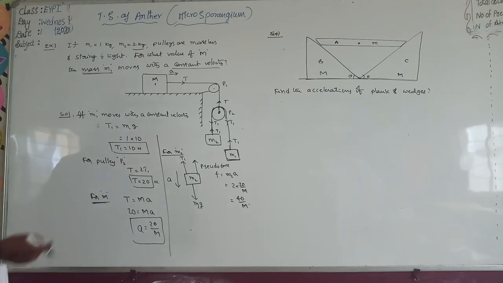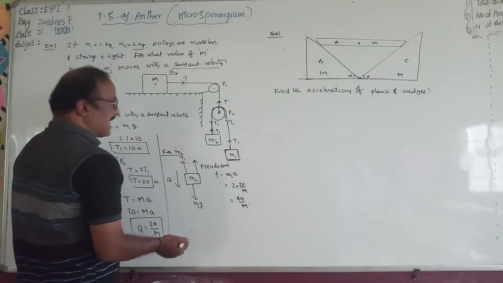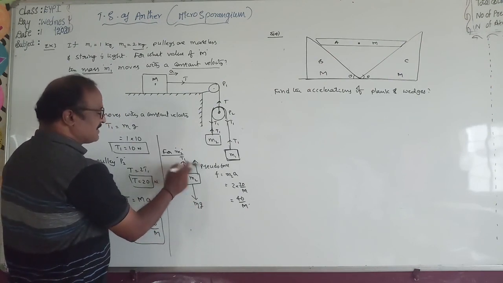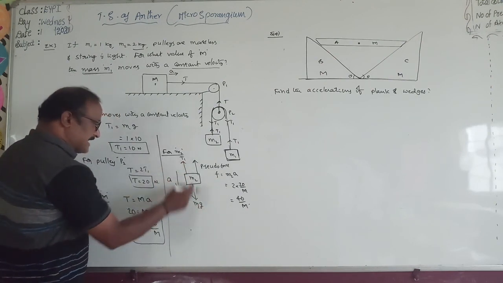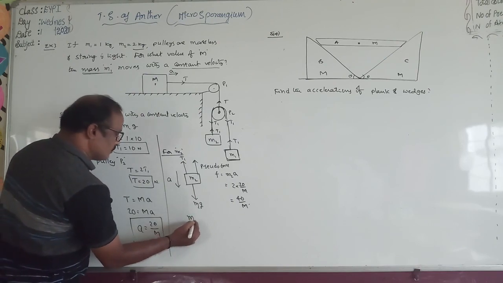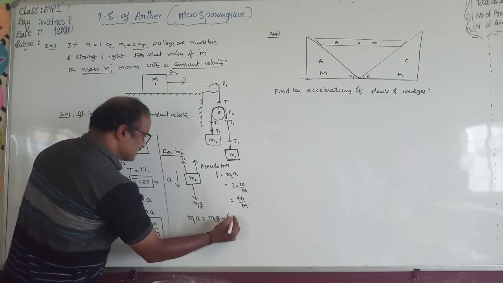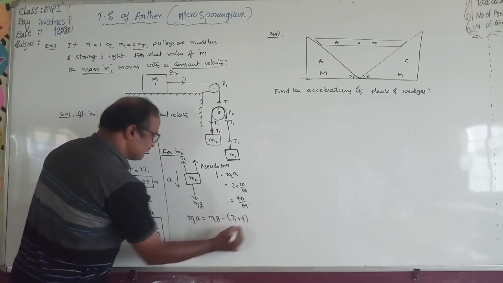From the free body diagram, M2G should be greater than T1 plus the pseudo force. Net force acting on M2 is M2A, equal to M2G minus T1 plus f.